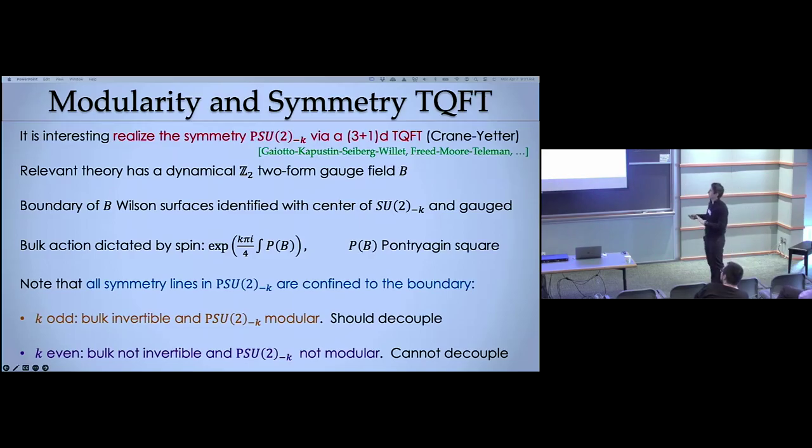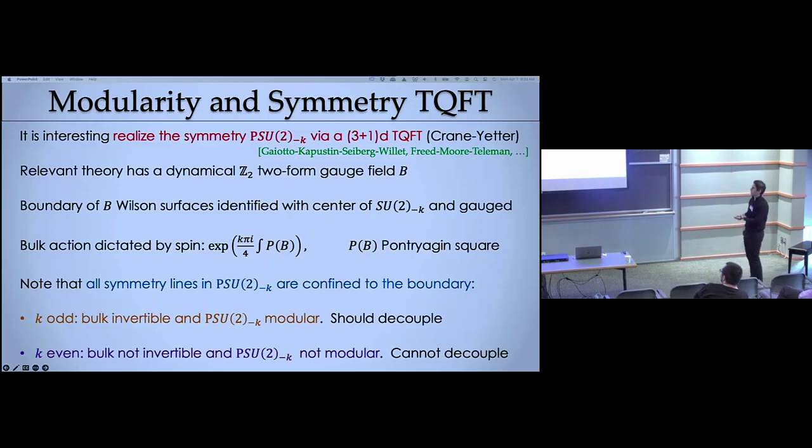And the bulk action for this two-form is dictated by the spin. So we have the Pontryagin square here, and K is the same K as the SU(K). And notice that this means that all the symmetry lines that I was talking about are confined to the boundary. They don't escape into the bulk of this symmetry TQFT.